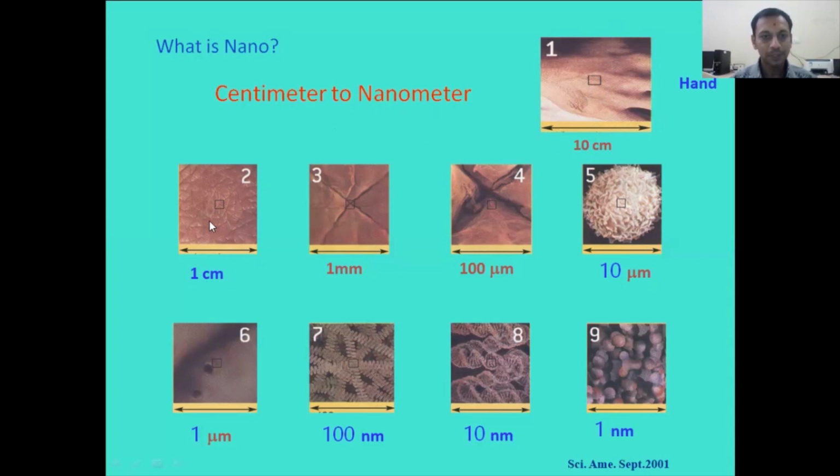You have this picture, gradually from 1 centimeter to 1 mm, then 100 micrometer, 10 micrometer, and gradually up to 1 nanometer. You can see the microstructure very well. So by this way we can decrease the size from centimeter to nanometer, and we can visualize very clearly with the help of different microscopes.